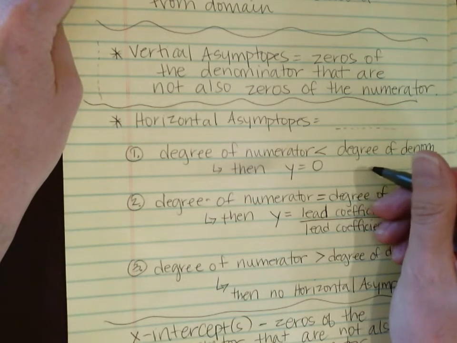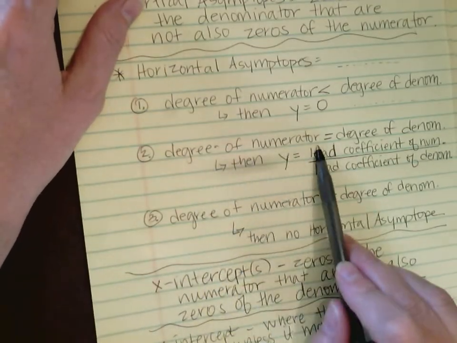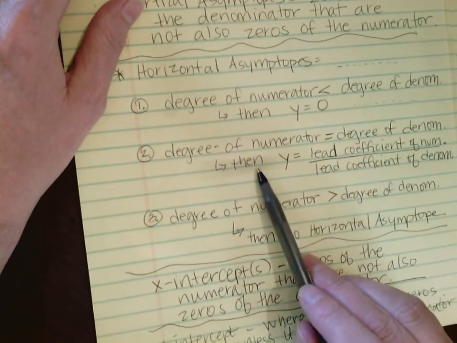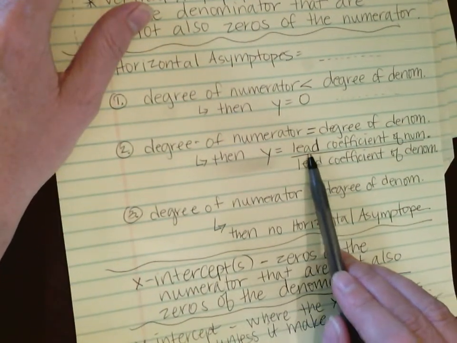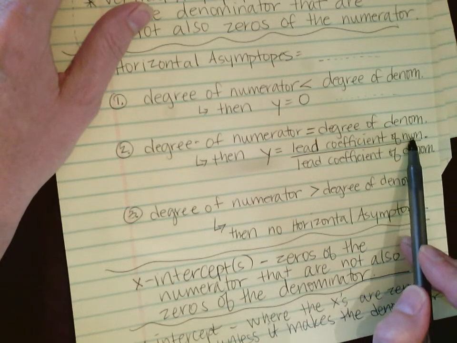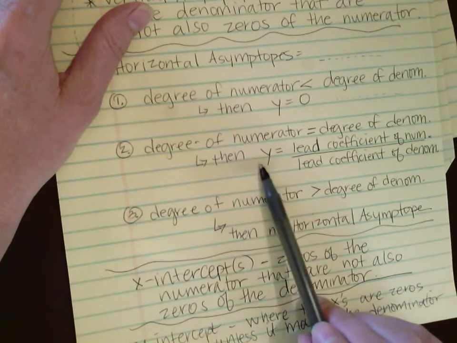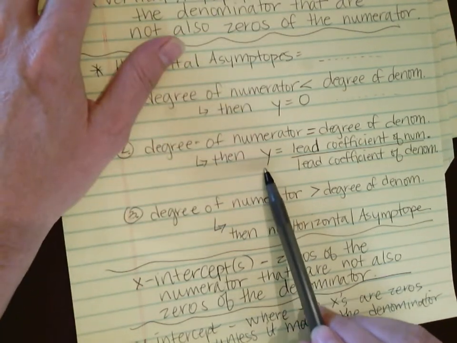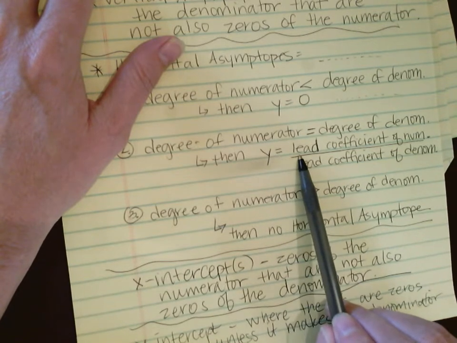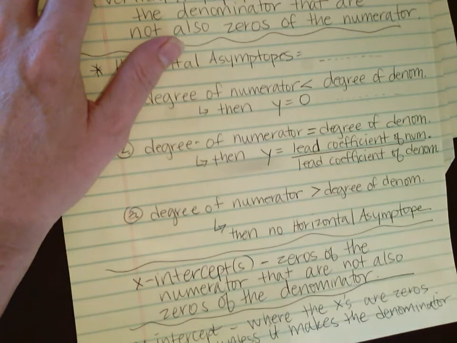If the degree of the numerator is equal to the degree of the denominator, then you look at the leading coefficient of the numerator over the leading coefficient of the denominator. So your horizontal asymptote will be y equals the leading coefficient of the numerator over the leading coefficient of the denominator.